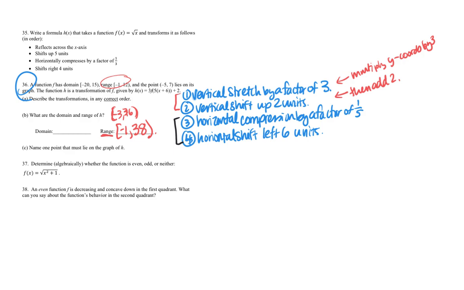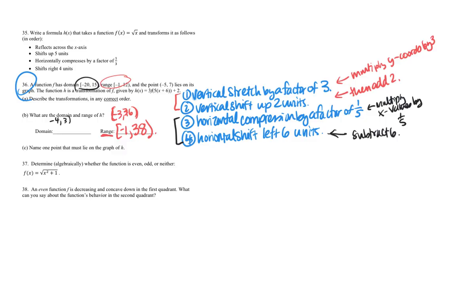And for the domain, this means I'm going to multiply the x values by 1/5, and then subtract 6 from my x values. If I multiply the x values by 1/5, that would give me negative 4, 3.